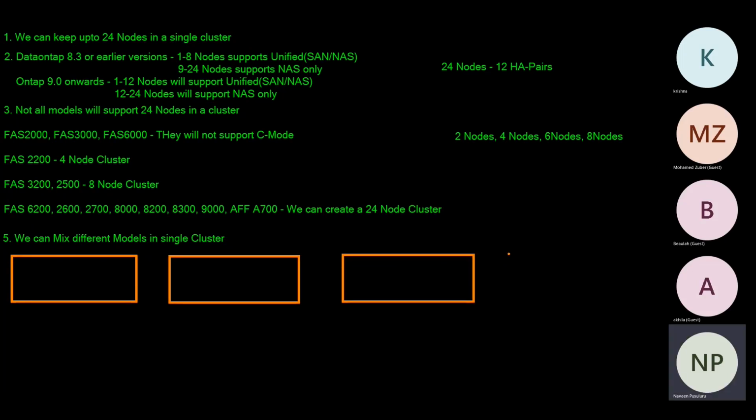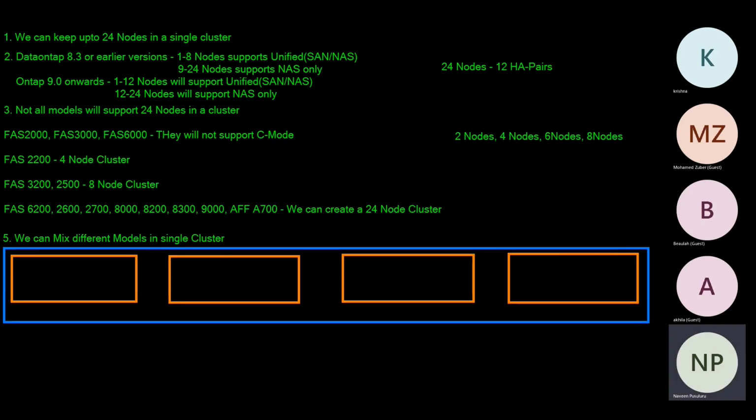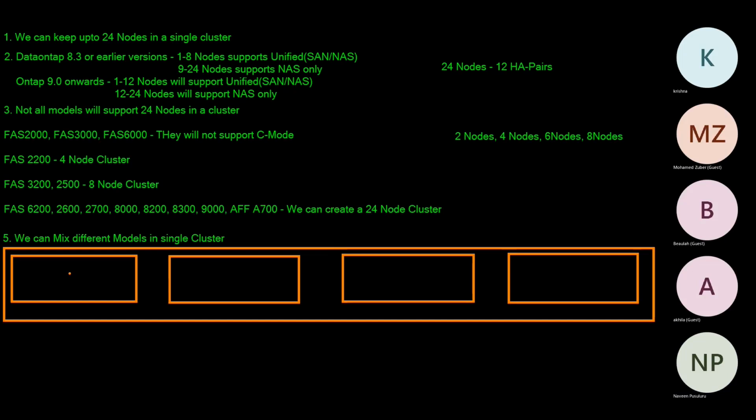Okay, this is my cluster. Let's assume that I'm creating it with 4 nodes. Let's assume that this is my FAS 8020, a 8000 series model, FAS 8020, and AFF A300, AFF A300.